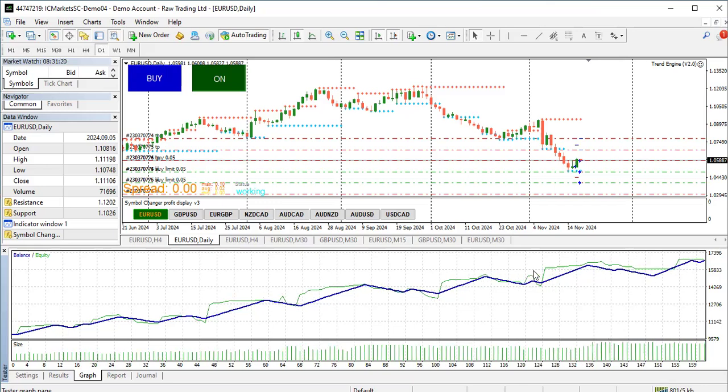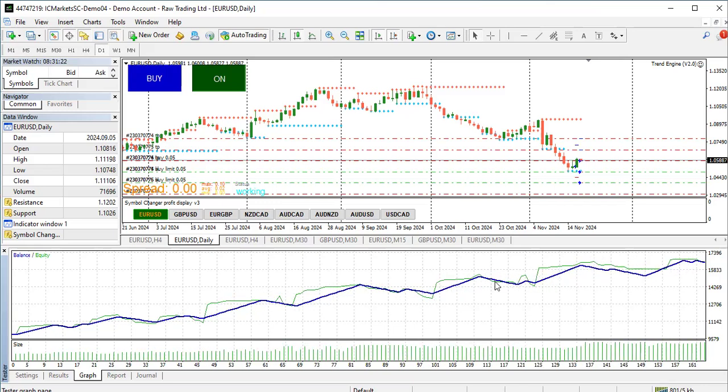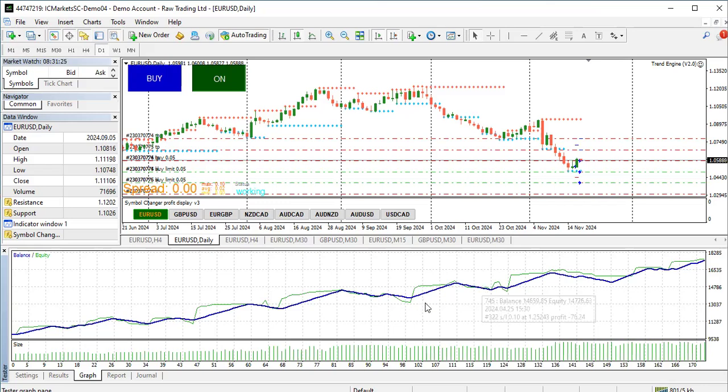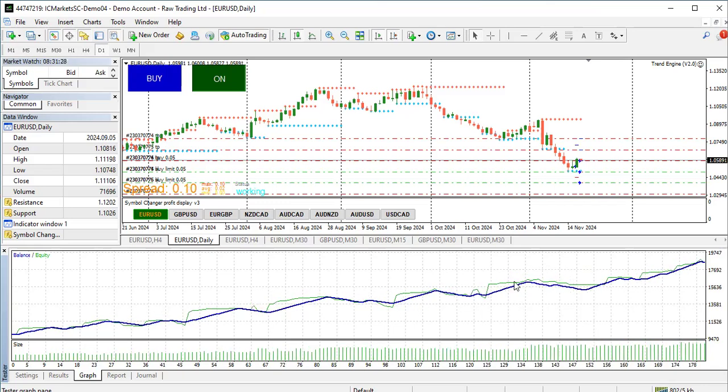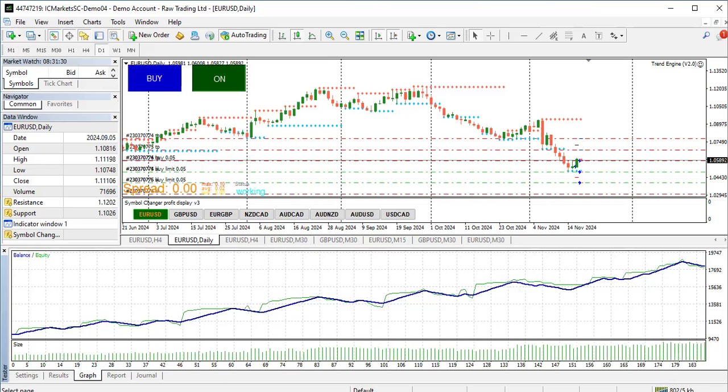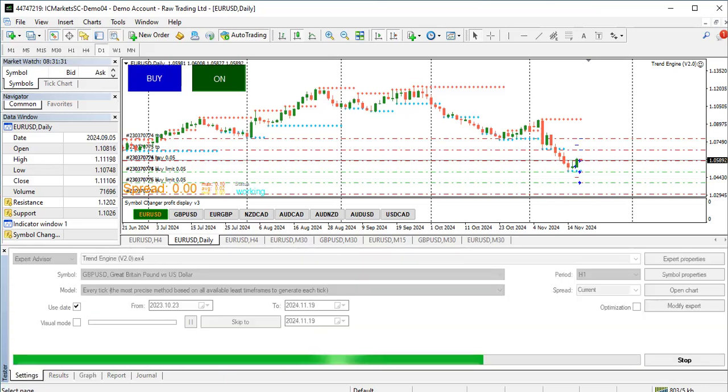So it's good to see that our balance remains in an uptrend. For those who have had the opportunity to test out version 1, you could tell that this one is way faster, way more efficient than the version 1 of the trend engine. So let's see.